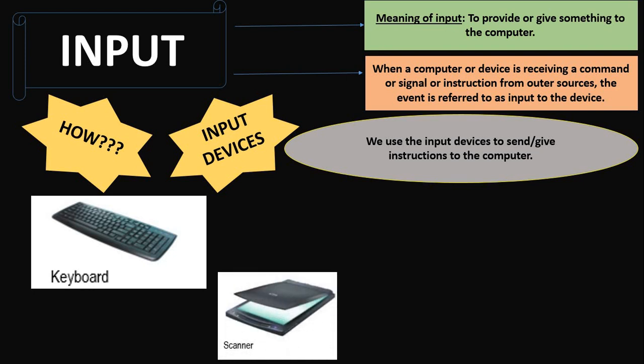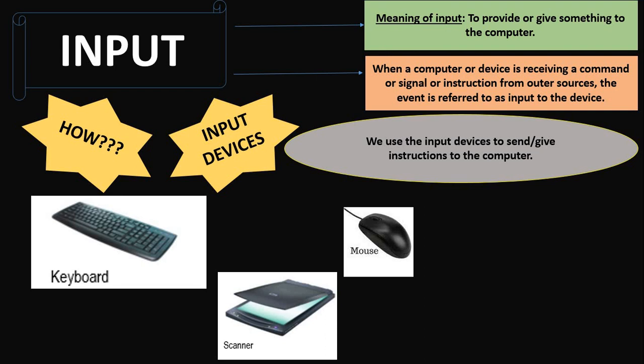Scanner. It is an input device. It scans documents such as photographs, pages, text and so on. It creates an electronic version or say soft copy of the document which can be viewed or edited on a computer. Mouse.